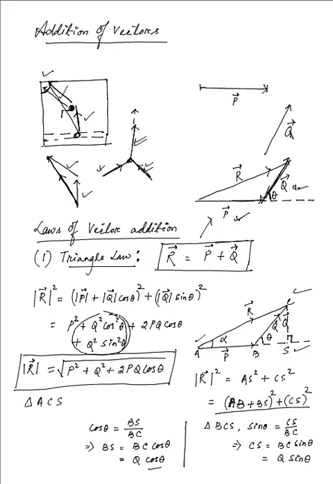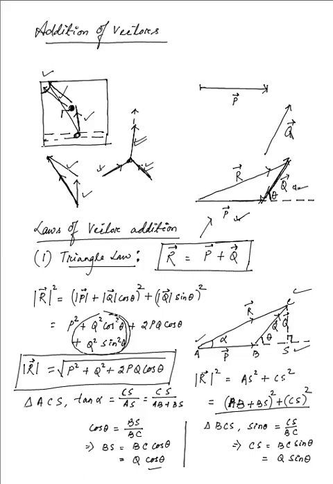In that triangle, tan alpha is equal to the perpendicular divided by the base. So the perpendicular is CS divided by the base being AS. Obviously AS consists of two lengths, that is AB plus BS.